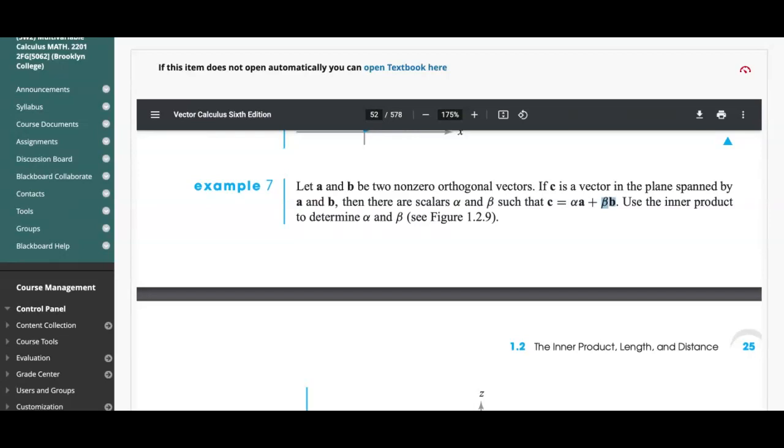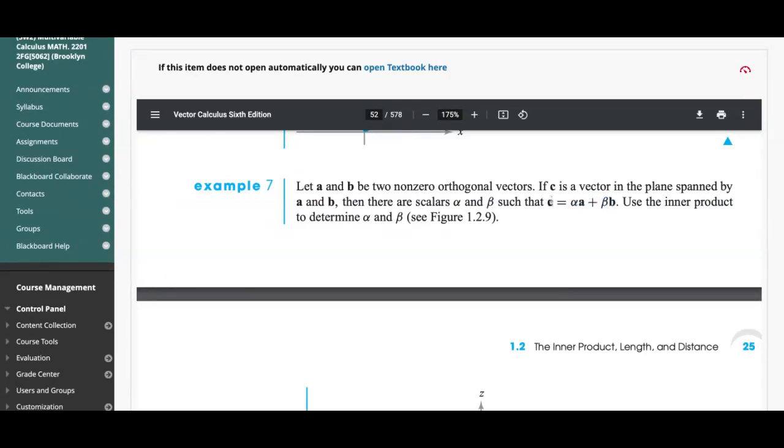One of you, when you presented, mentioned a word called linear combinations. So this is also called a linear combination, which means one thing can be written in terms of other things.